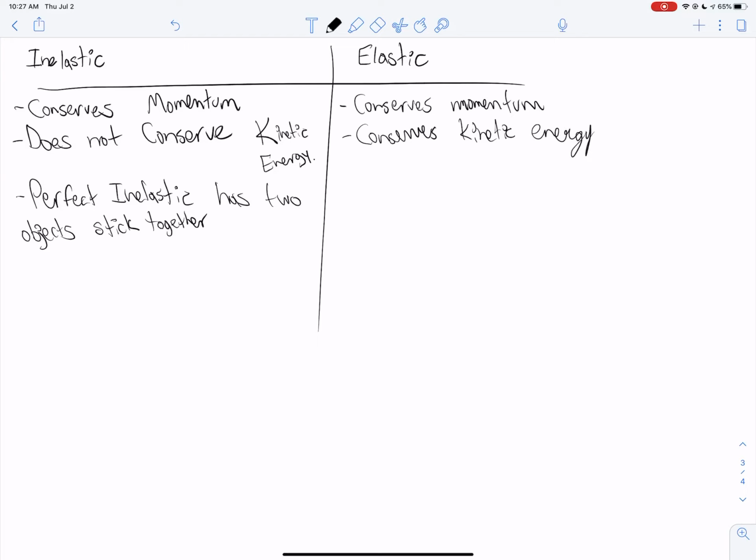Okay, so as you can see, they both have one thing in common: they both conserve momentum. However, an inelastic collision does not conserve kinetic energy, while an elastic does, and a perfectly inelastic collision has two objects sticking together.